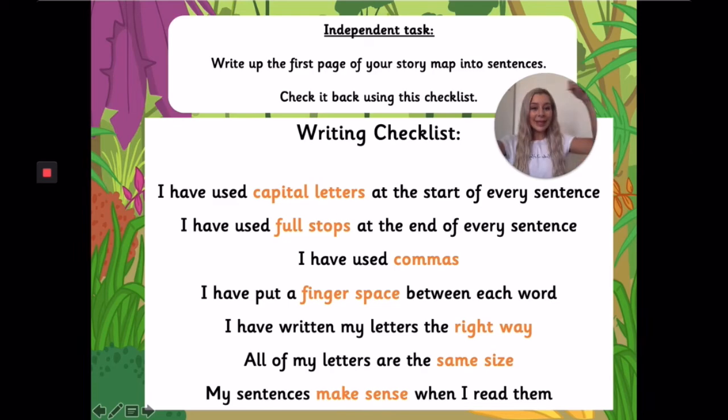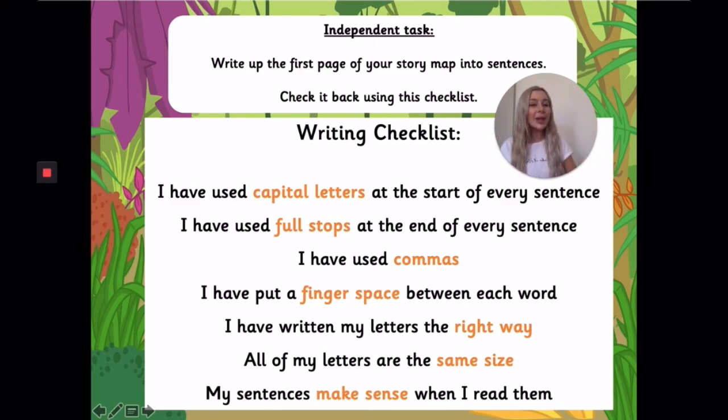So I've made a little writing checklist for you that you should see just there. Now have a look at this. If you're stuck, it will help you remind yourself of all the things that you need to include in your work. Make sure that you've got capital letters, full stops, commas, finger spaces. Make sure that your letters are the right size and that they have been written in the right shape and form as well.